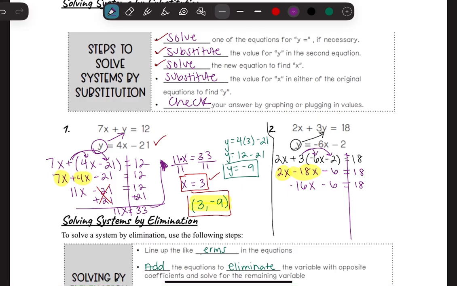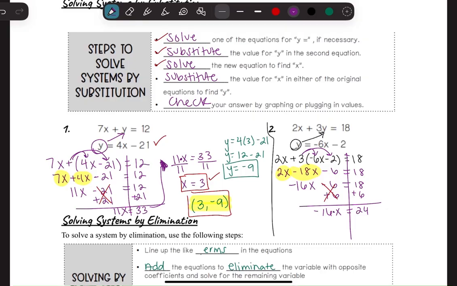And then I'm moving everything away from x. So I want to move this negative 6 to the other side of the equal sign by doing the opposite, which will be plus 6. Negative 6 plus 6 cancels out on the left side, so I'm just left with negative 16x equals 24. Now I'm divorcing negative 16 from x.